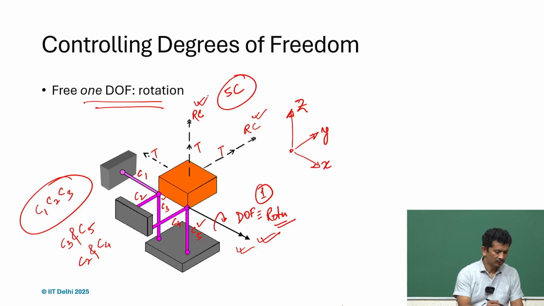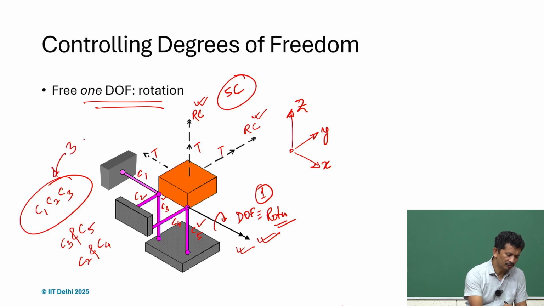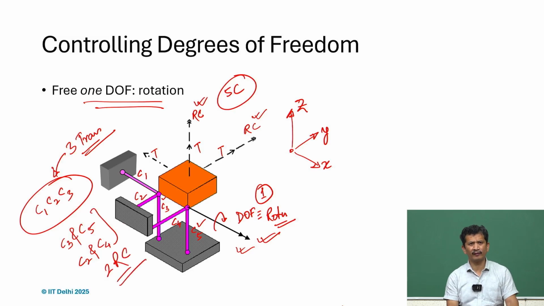So, this one will provide all the 3 translational constraints, and these together will give 2 rotational constraints, and together we will have 5 constraints except the rotation along the axis, which is desired here.